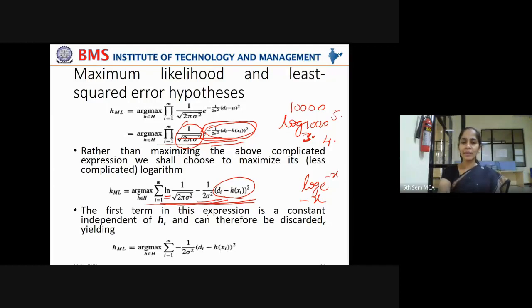Now, the first term in this expression is a constant independent of h. Right? This first term doesn't have any value of hypothesis. If a constant is independent of the hypothesis, it doesn't have any effect, so that can be eliminated and discarded, yielding sigma i equal to 1 to m of only this term, minus 1 by 2 sigma square di minus h of xi whole square.